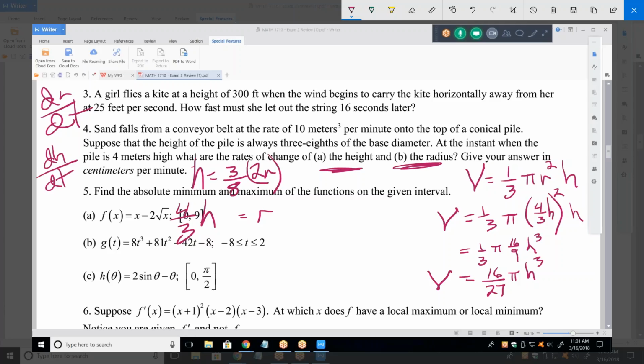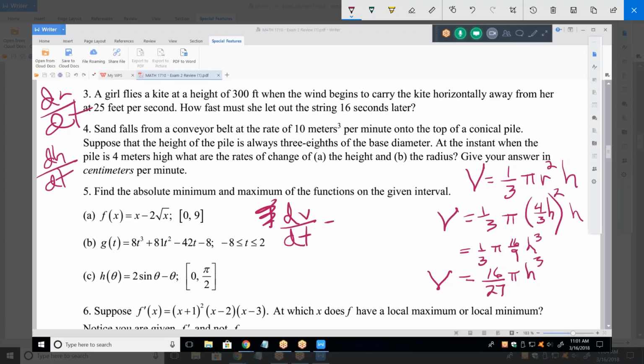What do we get on the left side? V dh dt? Well, no. What's the derivative of V? V prime, 1. So what I really get is 1 dV dt. Okay, don't need the 1. So what I'm left with on the left side is dV dt.